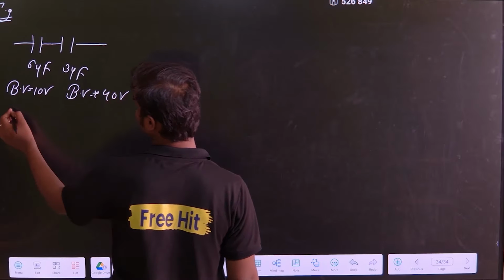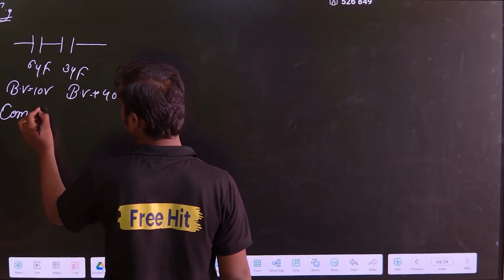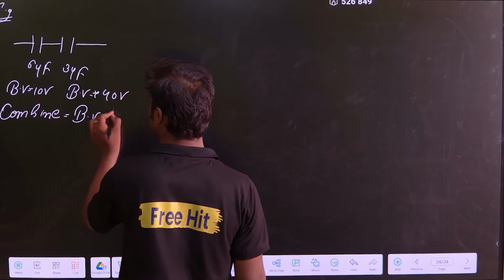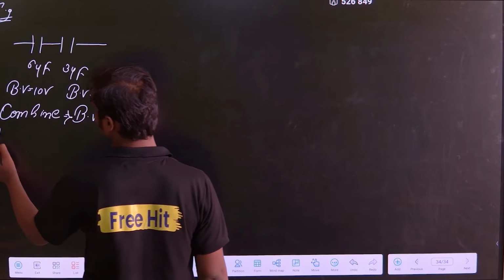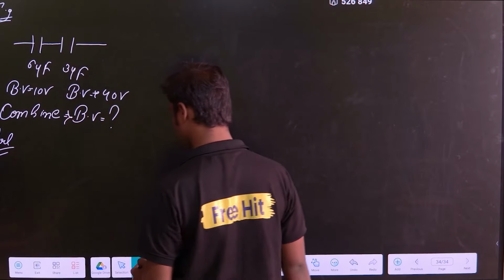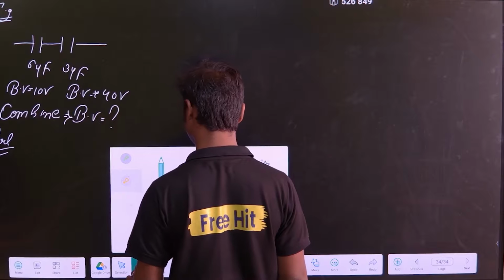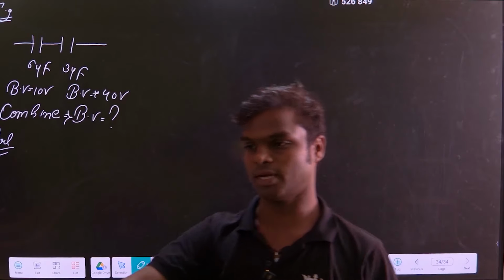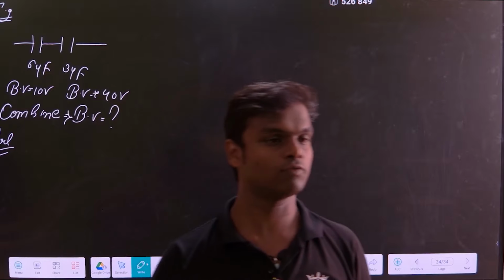You have to find the combined BV. What is the combined BV? That is my question. How will you calculate the combined breakdown voltage? Nothing else is given, only this much. Combined BV means the maximum voltage you can apply. After that, you won't apply.